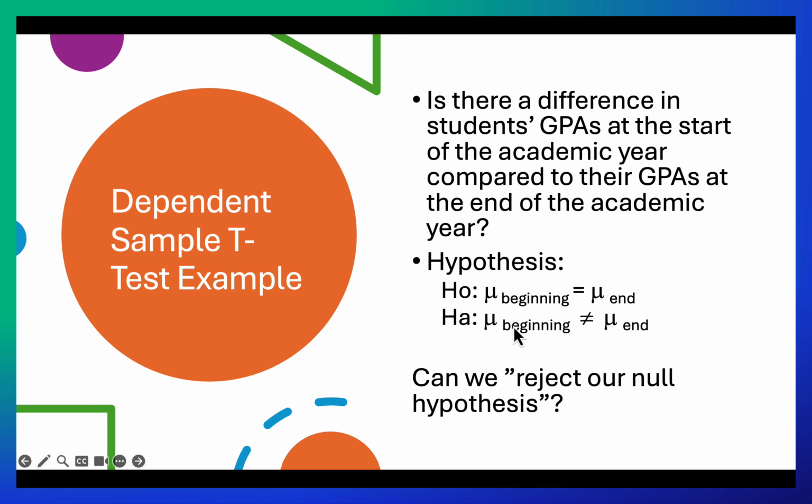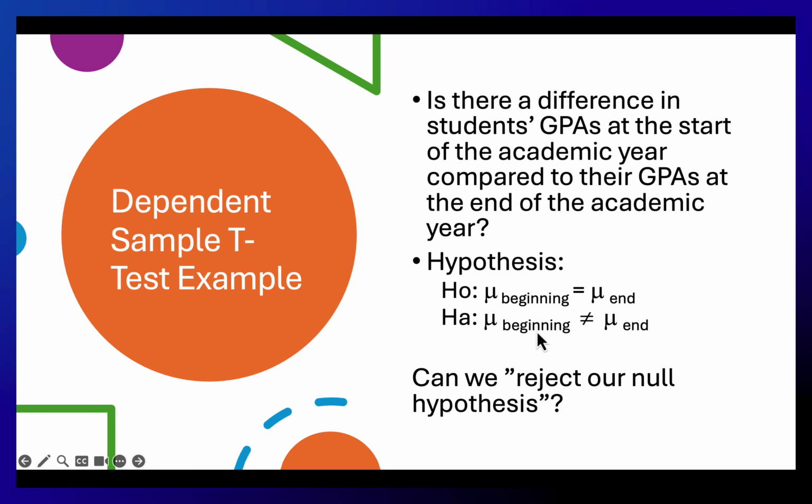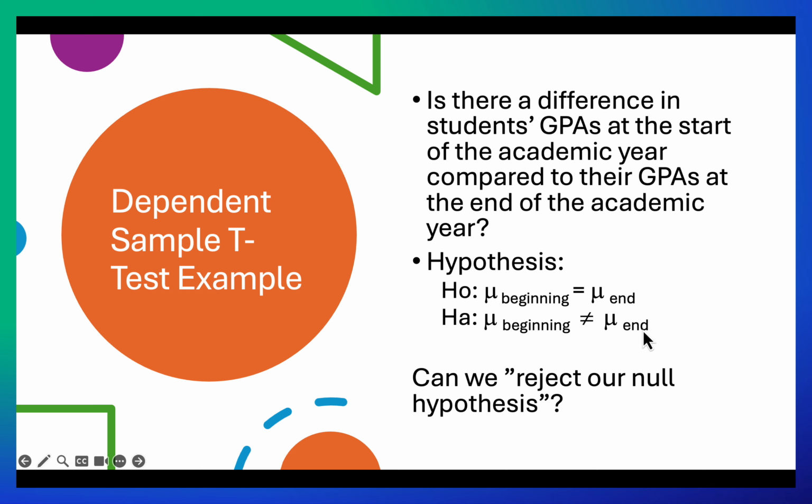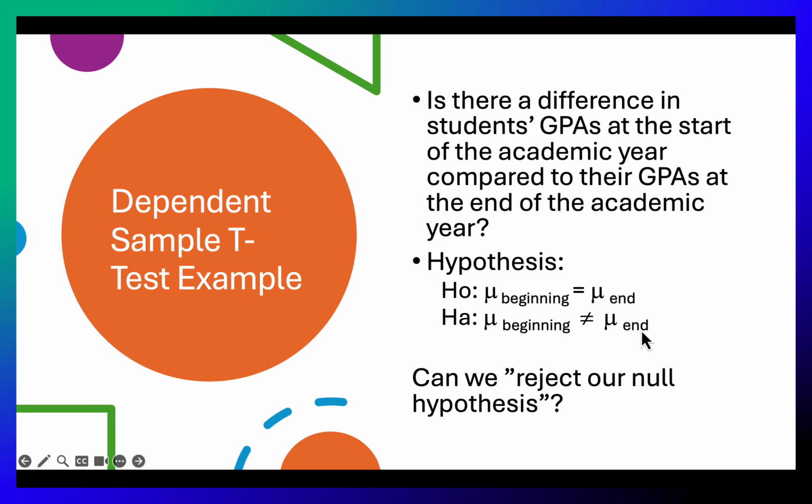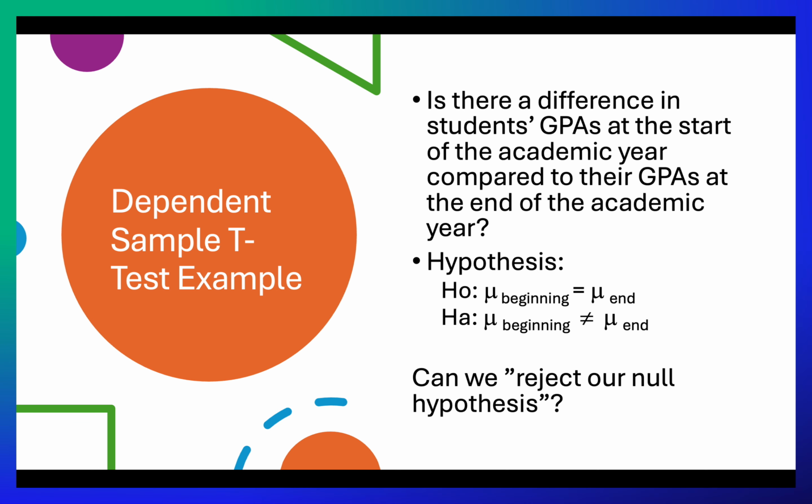And then our alternative is that maybe those at the start of the semester might be different from the same people's GPA at the end of the semester. So let's see if SPSS can help us determine what our result is.